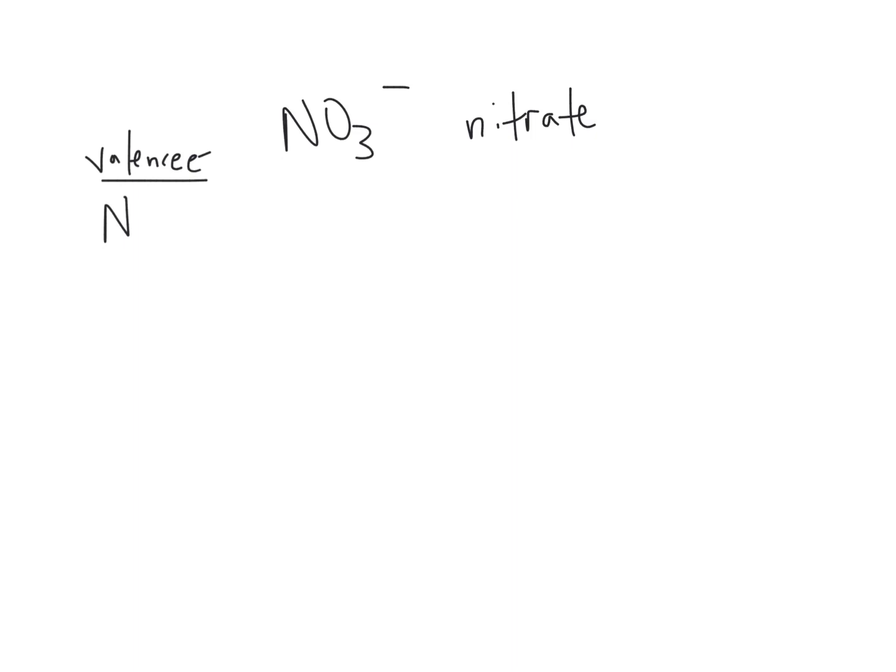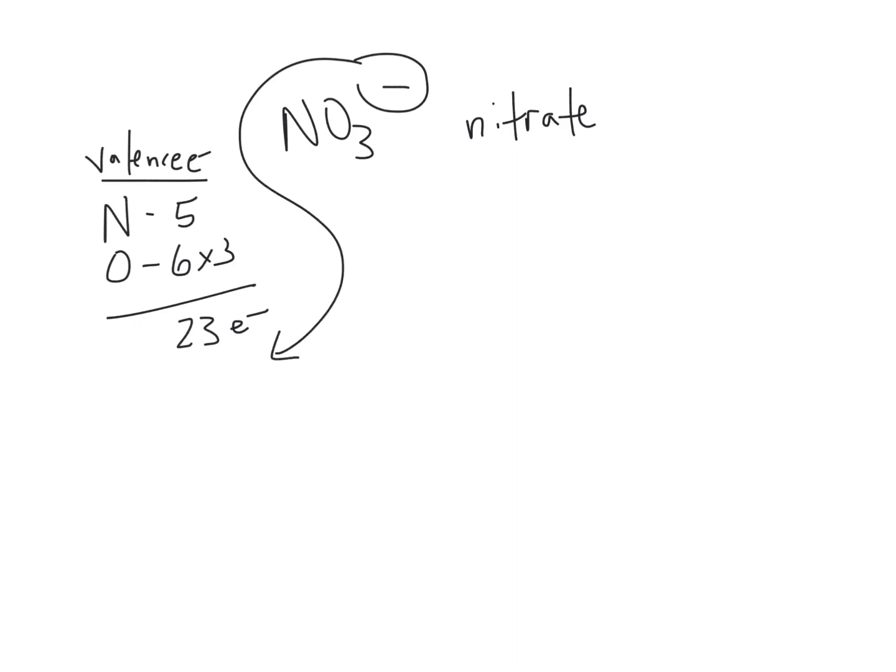Nitrogen has 5. Oxygen has 6. There are 3 oxygens. That's a total of 18 plus 5, which is 23. And then we add that extra electron to the total valence. That's 24. So in the structure, we need to show 24.